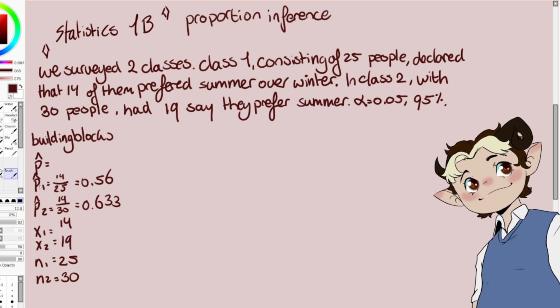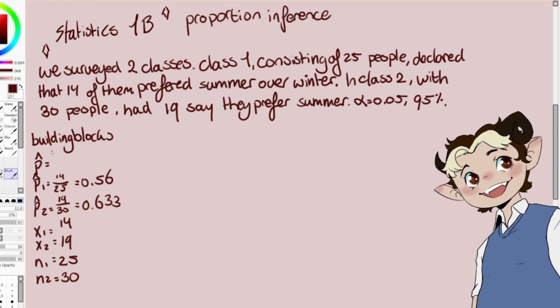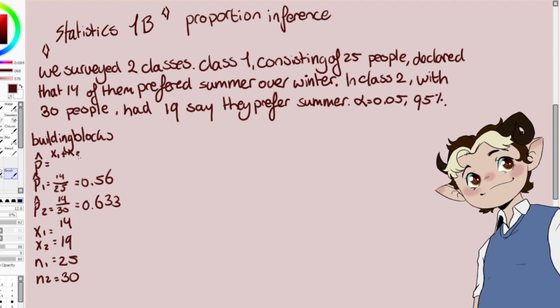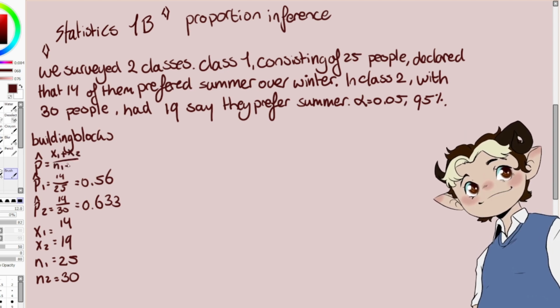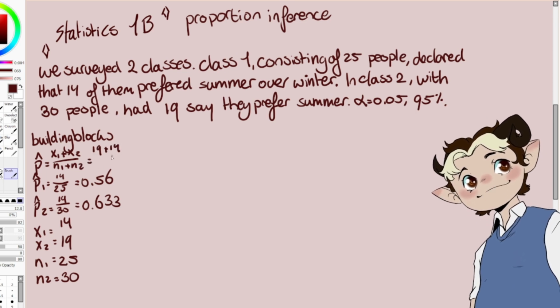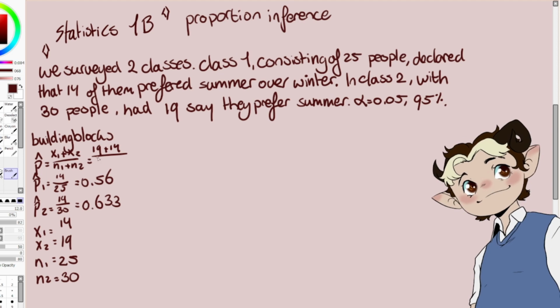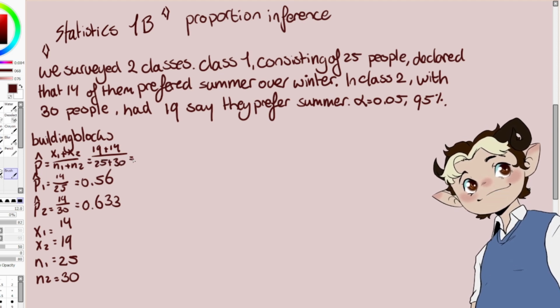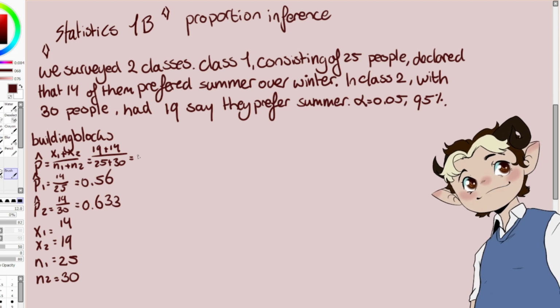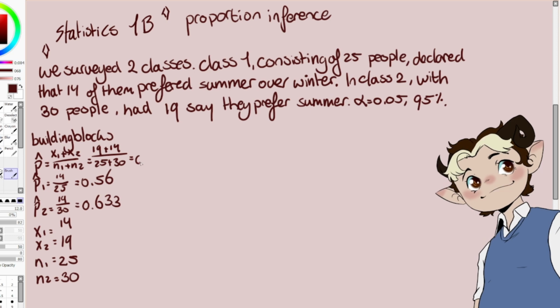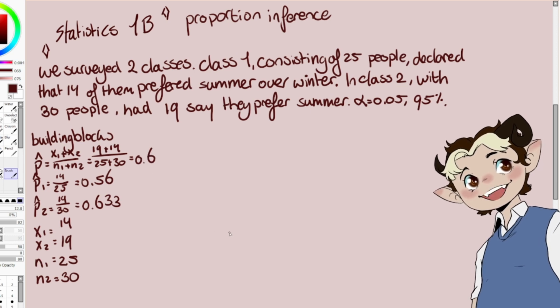Then let's do our total proportion, which had the formula x1 plus x2 divided by n1 plus n2. So that is now 19 plus 14 divided by 25 plus 30, which gives us our p hat of, let's quickly check, 0.6. Perfect.